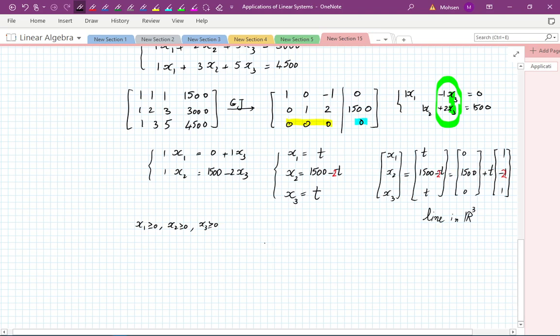So, well, the discussion that t has to be positive, that's same as before. Now 1500 minus 2t is non-negative, means 1500 is larger than or equal to 2t, and then this means t is at most 750.